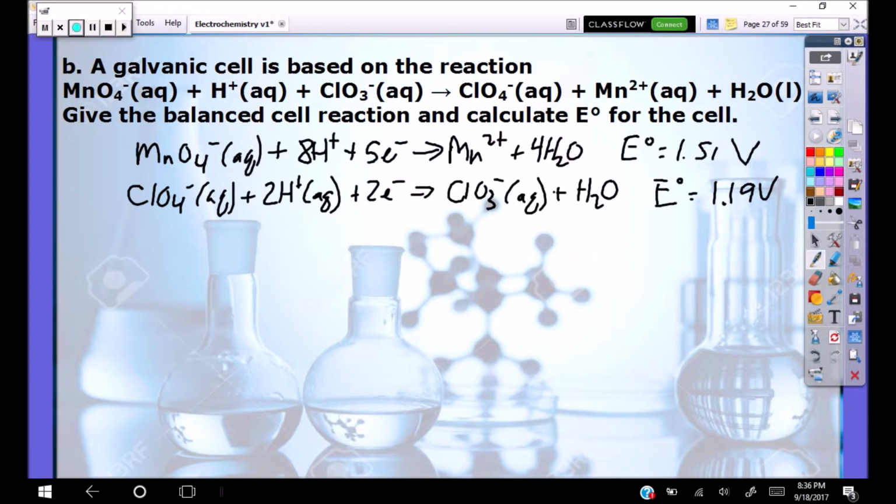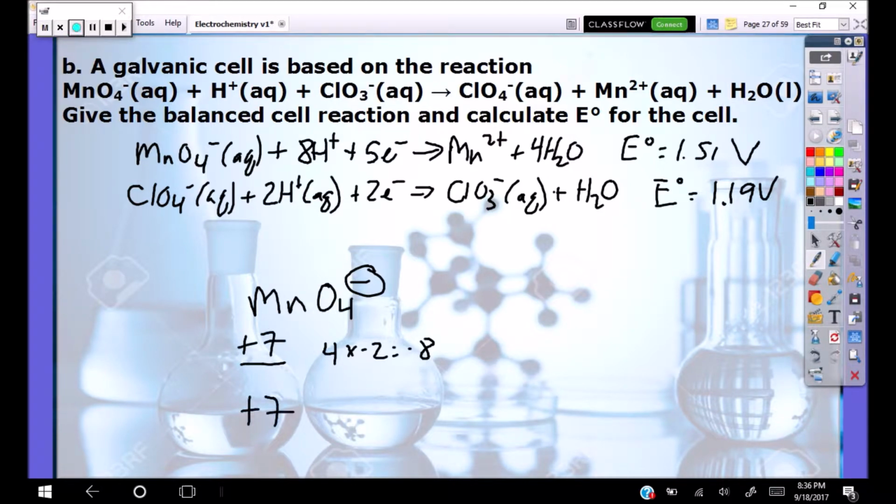Okay. So we need to identify the difference between the reduction and the oxidation. This one's fairly easy. Anytime you have MnO4, we know we've got 4 times -2, which gives us -8. So some number plus -8 is going to give us our charge of -1. So manganese has to be +7.